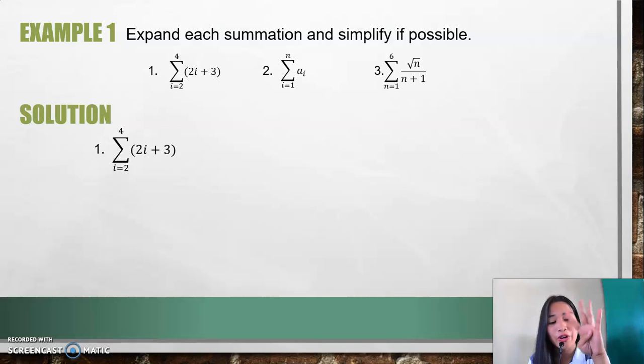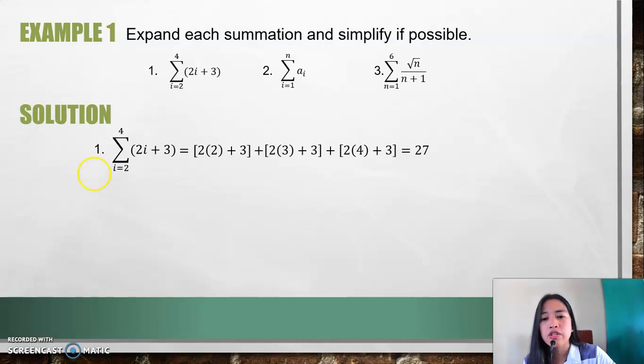Only three numbers, so we just substitute. We have 2 times the quantity 2 plus 3, plus 2 times 3 plus 3, plus 2 times 4 plus 3. Simplifying them, the answer is 27.